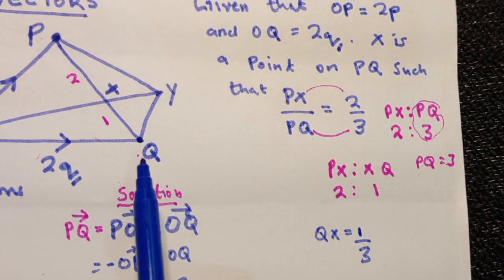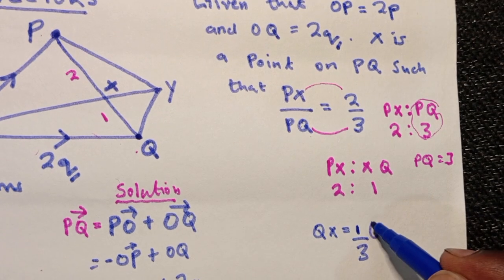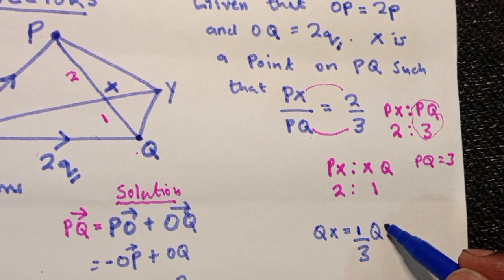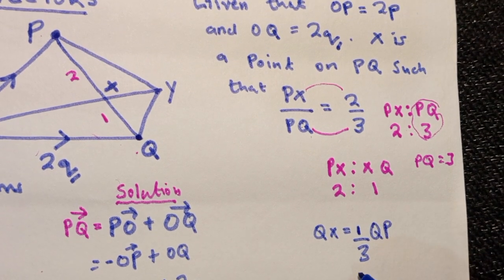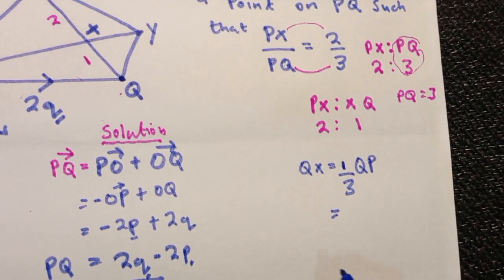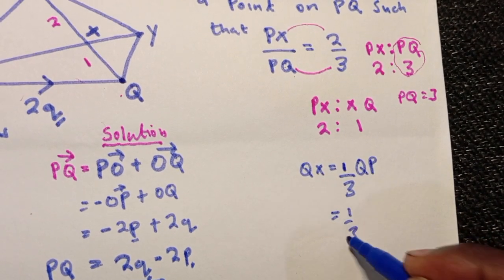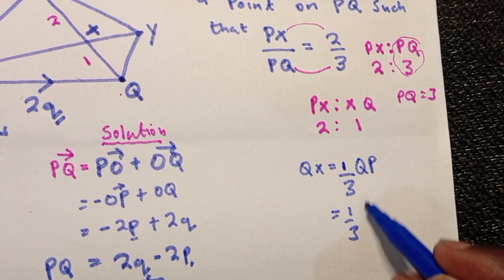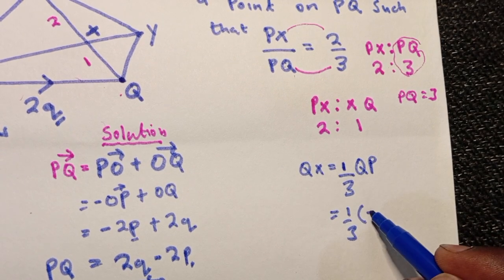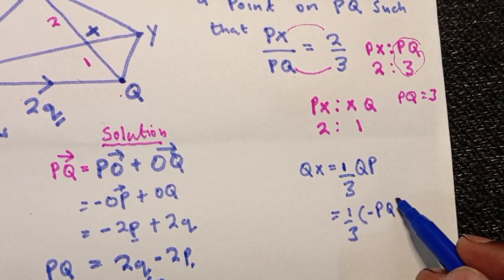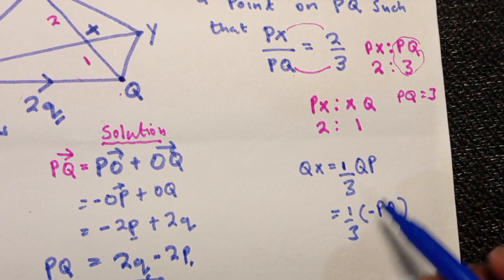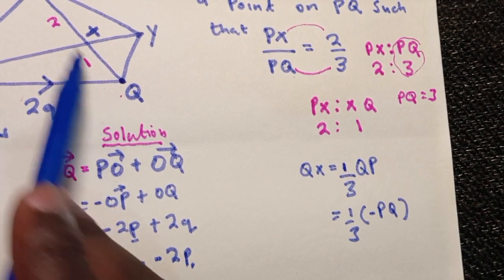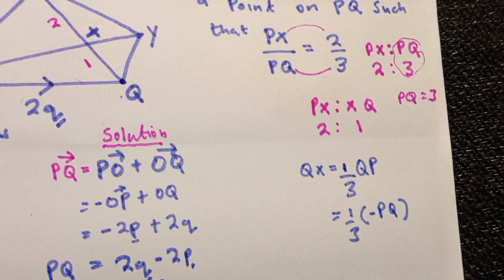Since we are starting with Q, it is on QP. Now remember what we've been saying: this is XQ, so we just reverse the direction. So this one is the same as negative PQ. You just change the sign to show that it is QP. I'm sure you get what I mean now.